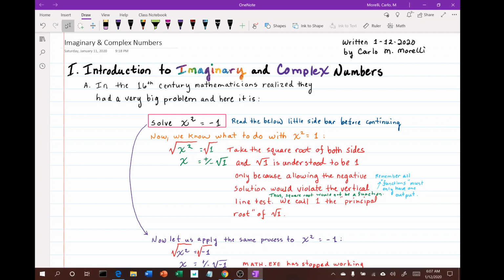Now, the good news is that as bad of a teacher as I am, and as poorly organized as these notes might appear, this tutorial will do a better job of preparing you to understand complex and imaginary numbers than if you were just to learn the rules like 90% of math classes. So stick with this, focus, and you will understand. Okay? So let's dive in with an introduction to imaginary and complex numbers.